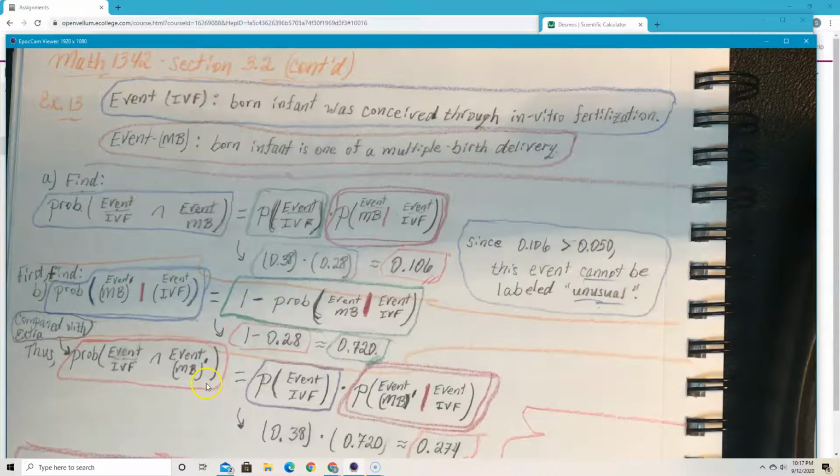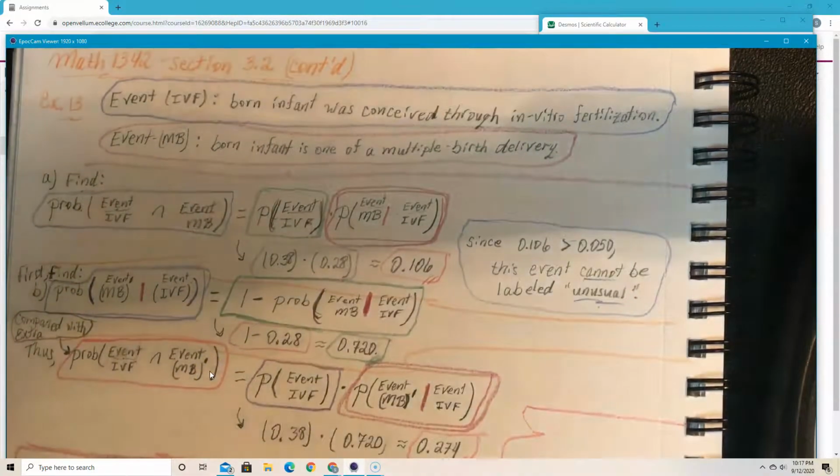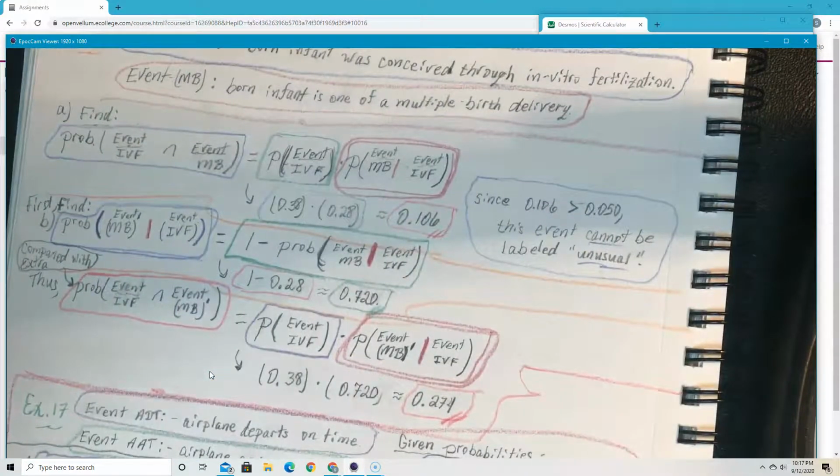The difference is, this one right here is out of all babies born, any type of baby born, meaning not only those conceived through in vitro fertilization but also conceived naturally or any other way. To compute this probability, which they did not ask, we would do the following.